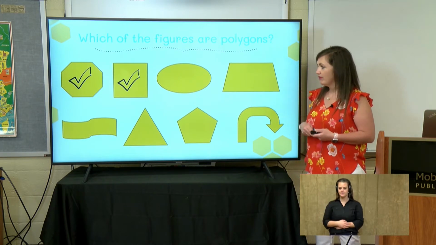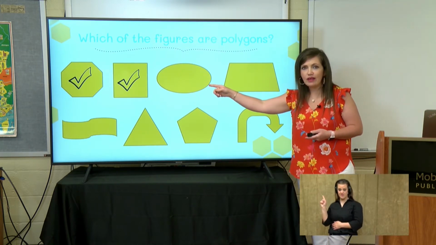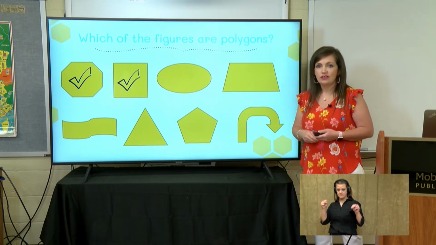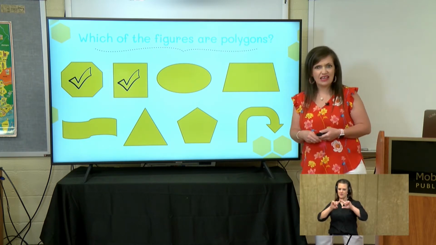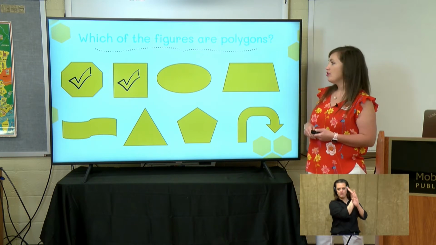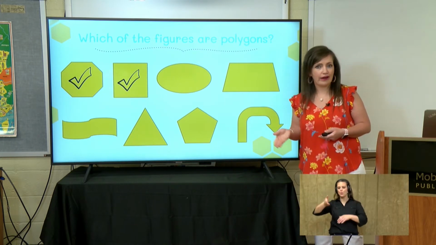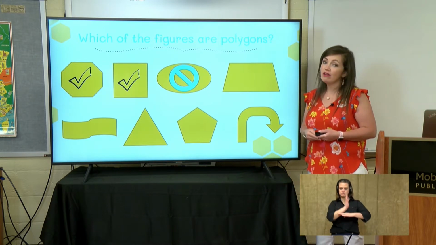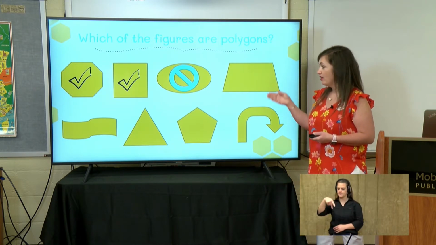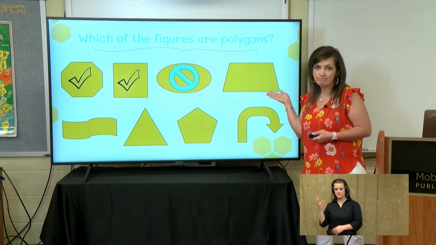Let's look at this one. Is this shape a polygon? Well, it's closed, right? But does it have straight sides? No, that's an oval and it's rounded. It doesn't have straight edges or sides. So that would not be a polygon. What about this trapezoid?